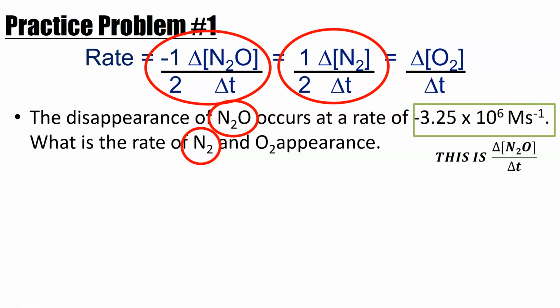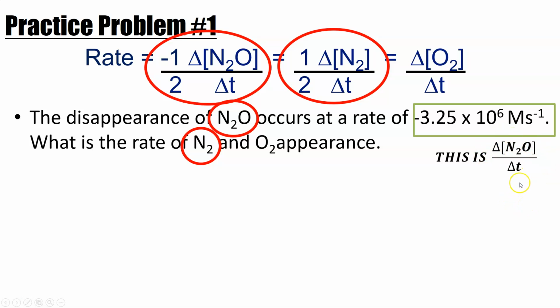This piece of it is what this number is. The rate given is the disappearance of N2O.